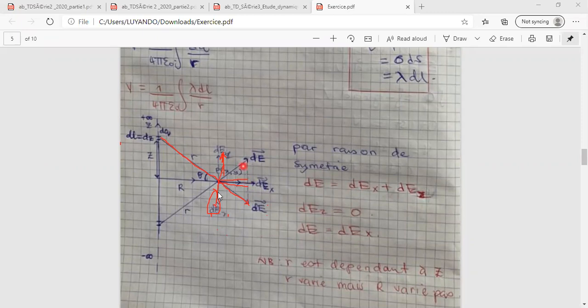So I have DE equal to the field in the X direction and the field in the Y direction. We've already agreed that in the Z direction or the Y direction, it's equal to 0. So my field is equal to DEX as a result, because my DEZ is going to be equal to 0 because they're in opposite directions.